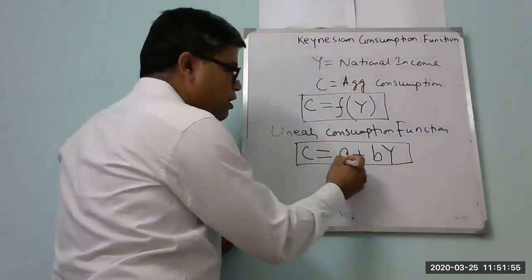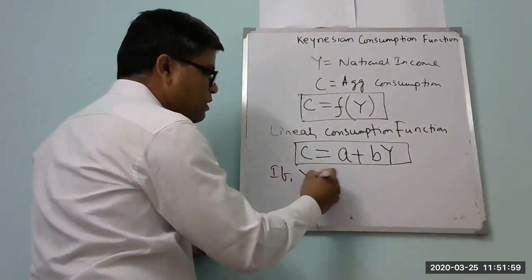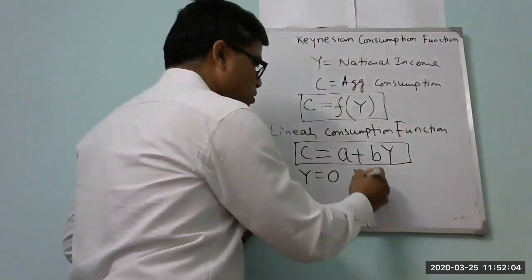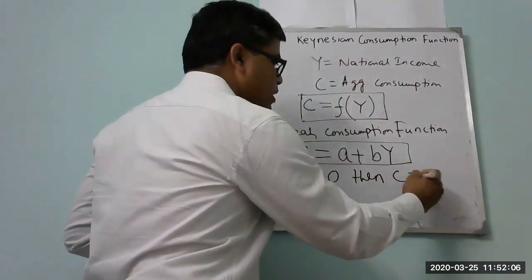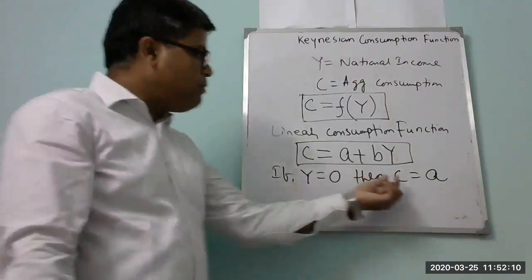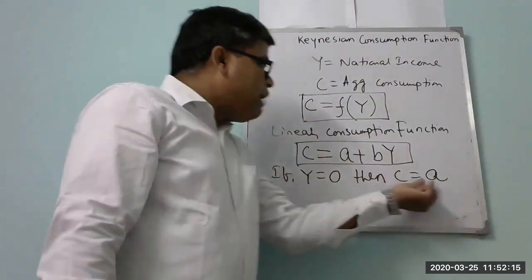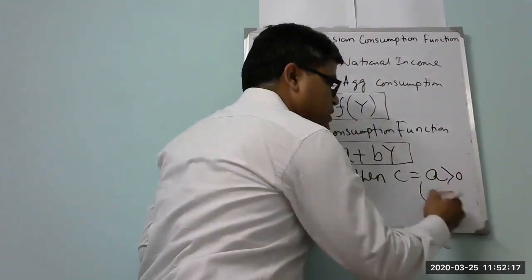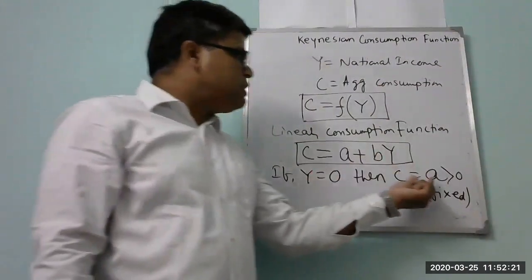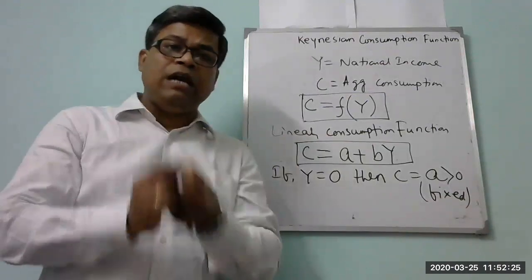So according to Keynes, if the income level is zero, if Y is zero, then C becomes equal to A. That means consumption is equal to A. A is a constant part, positive and fixed. That means a part of consumption that does not depend on the level of income.